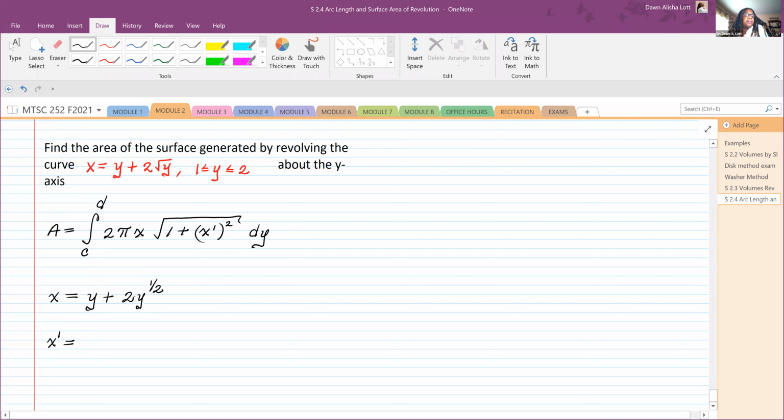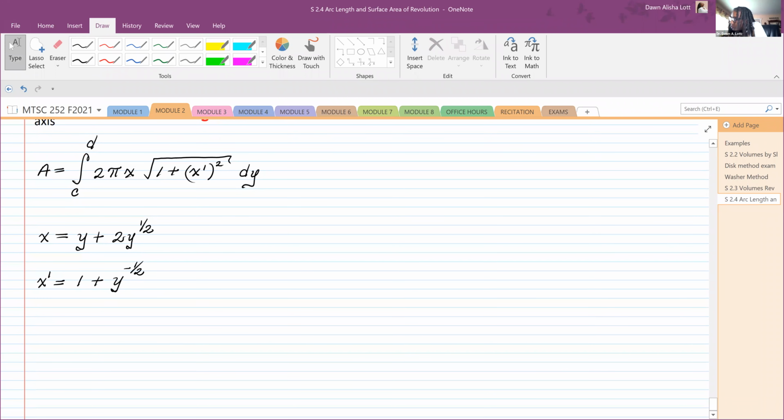Okay, what's x prime? y to the negative 1/2. Okay, how about the x part? It is y plus 2 the square root of y. So when I take the derivative, I get 1 plus y to the negative 1/2. All right, square that.